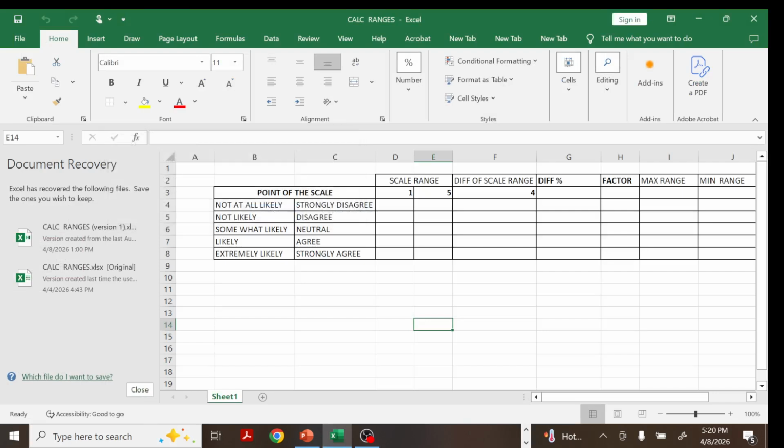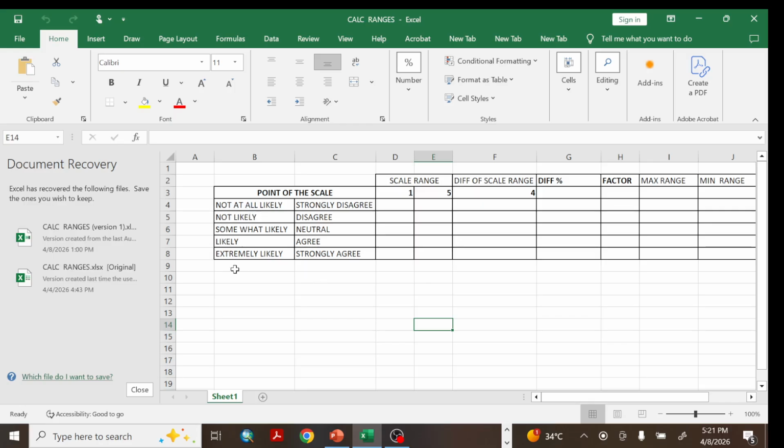When you look at the two questions, the first one, question number 5, was about satisfaction, and question number 9 was about the likelihood. Each one of these scales is made up of 5 points: 1, 2, 3, 4, 5.